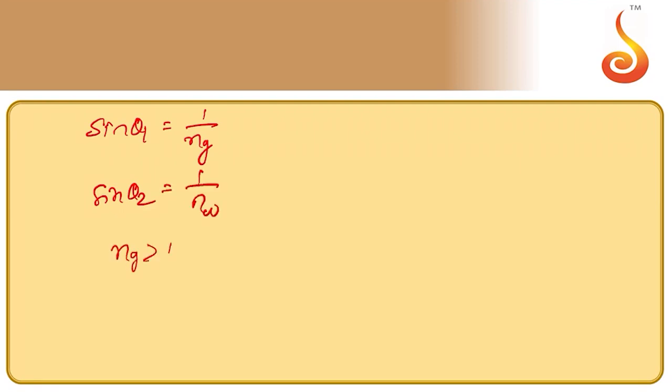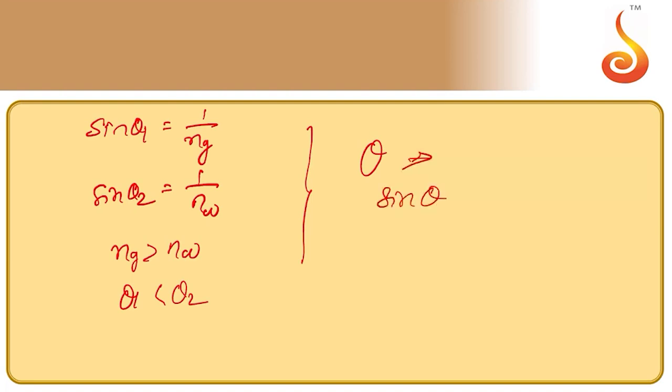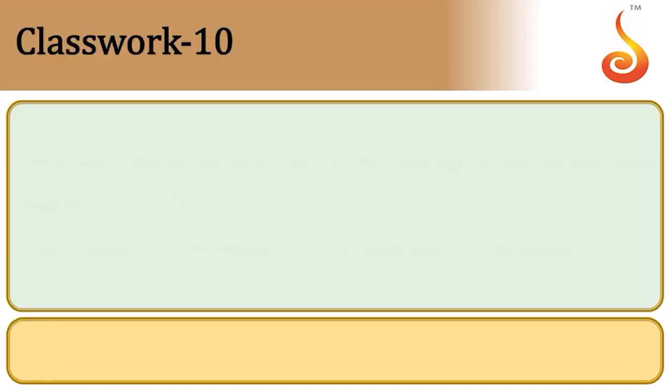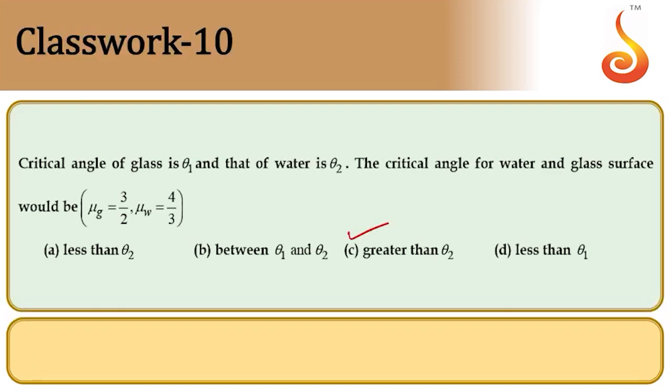As ng is greater than n of water, theta 1 is less than theta 2, or critical angle theta 1 is less than theta 2. So critical angle theta between glass and water is given by, what is that? Sin theta is equal to nw by ng, so theta should be greater than theta 2. That means it is option C.